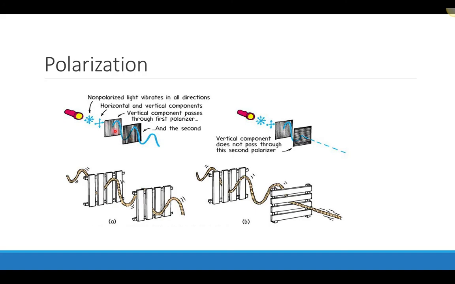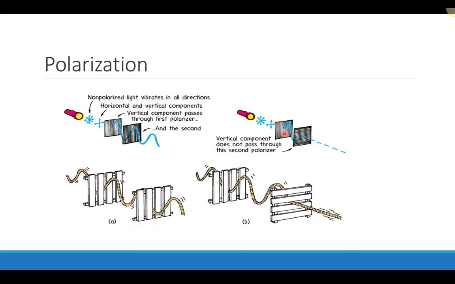If you have two polarizers which are vertical, then the light will be able to pass through. But if you have a vertical polarizer and put it next to a horizontal polarizer, then no light is going to pass through that filter.